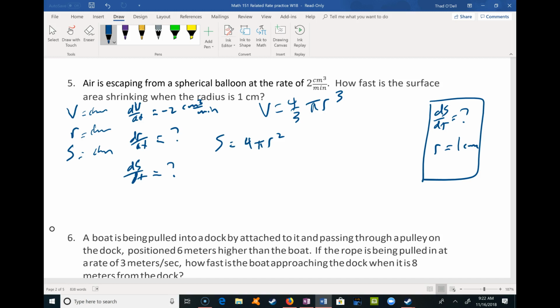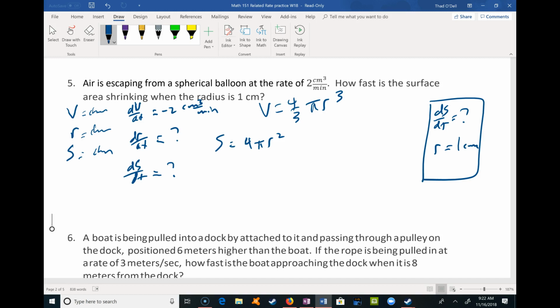Now, will one of those do? Say something even if it's wrong. Will one of those do? Which one? The surface area equation will do? Good, okay. Why do you say it works?